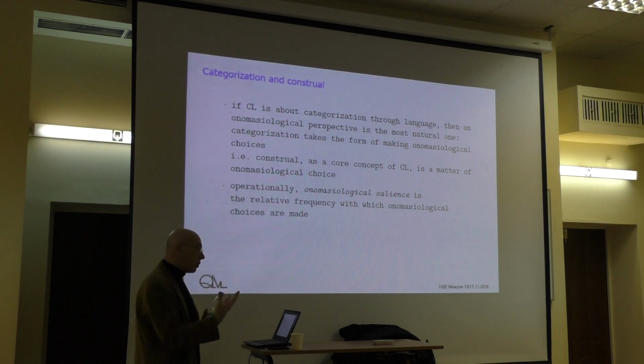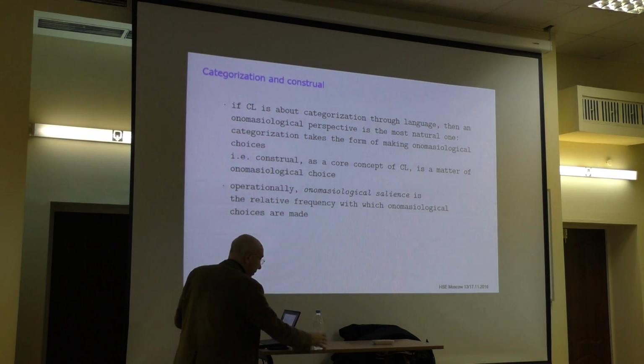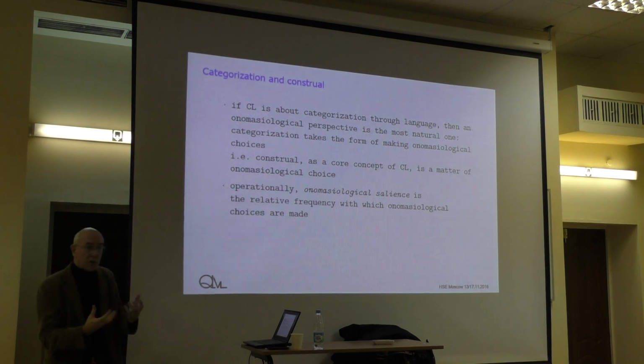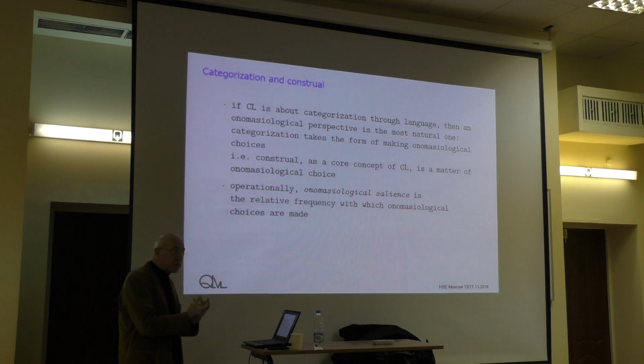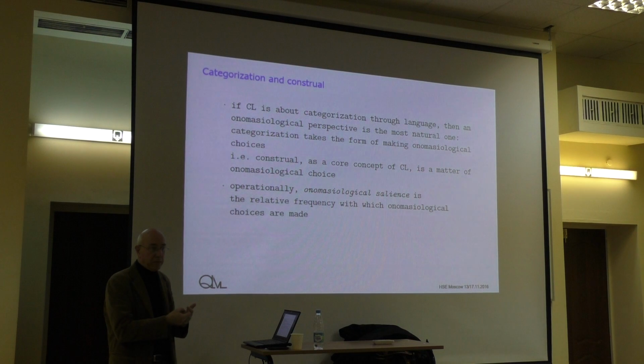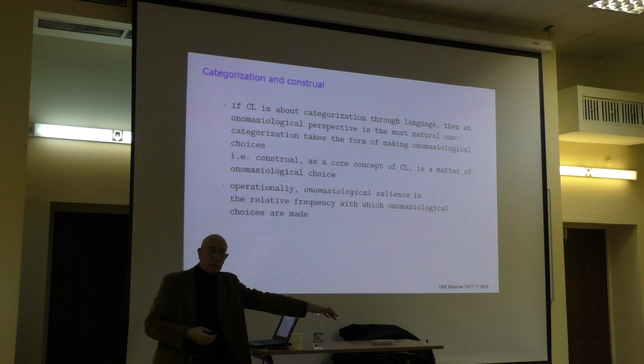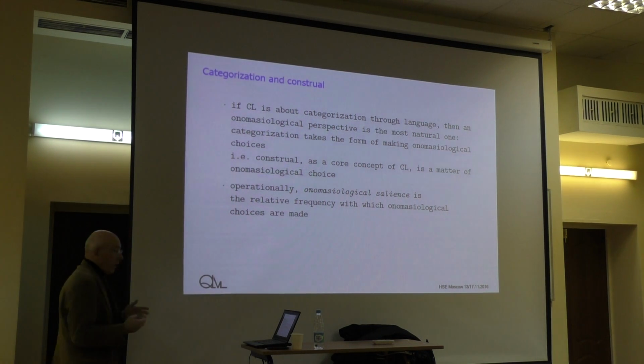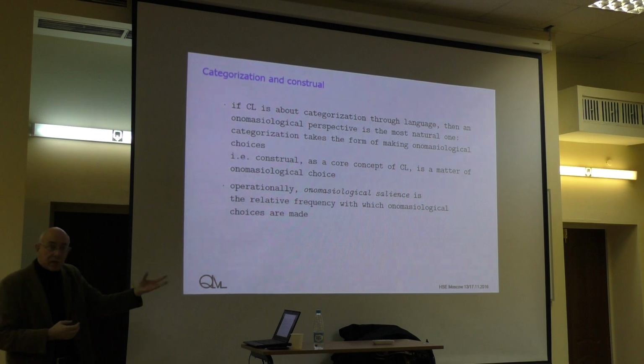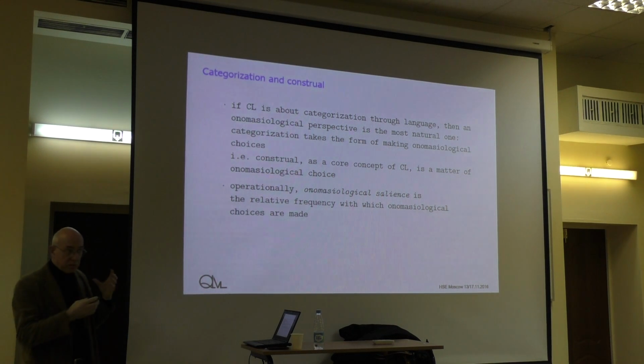And what I do in language use is precisely to choose one of those forms of construal, forms of identifying this thing from a certain conceptual point of view. So that is the way in which I create meaning. So if language is about creating meaning, then it takes the form of onomasiological choices.